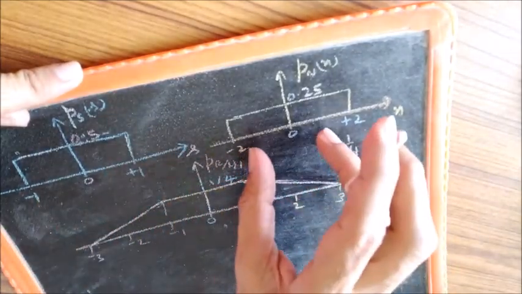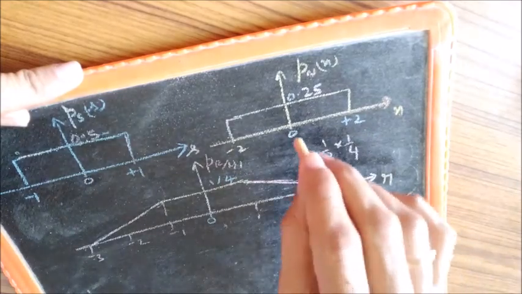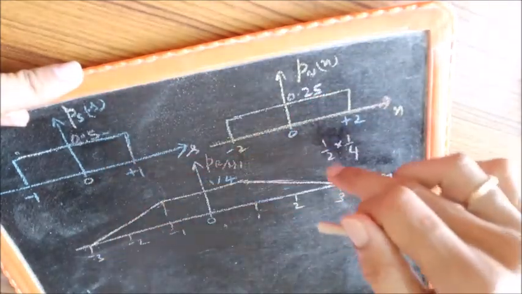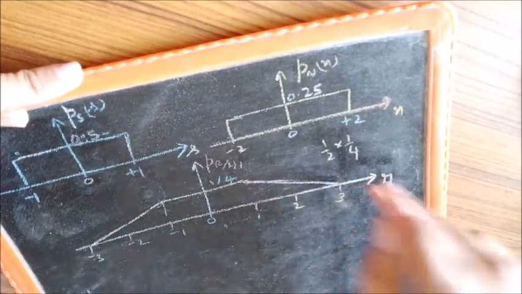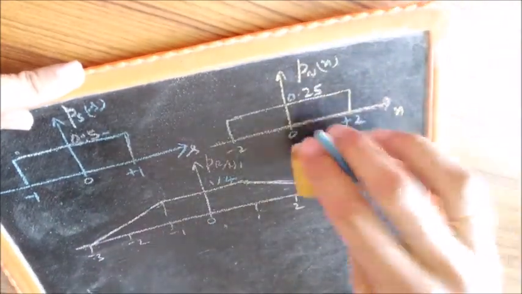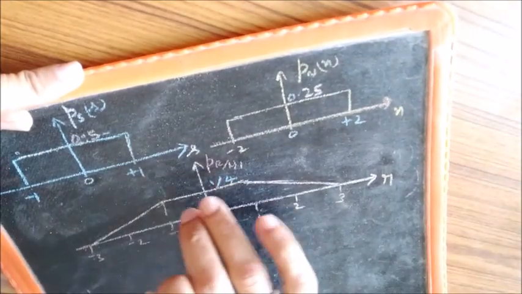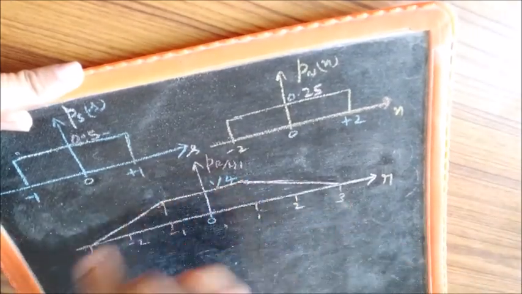So when you consider 0 lag, you will be having 0.25 into 0.5, that is 1 by 2 into 1 by 4, 1 by 8 multiplied by 2, which is 1 by 4. So the level here will be 1 by 4, and this will drop.